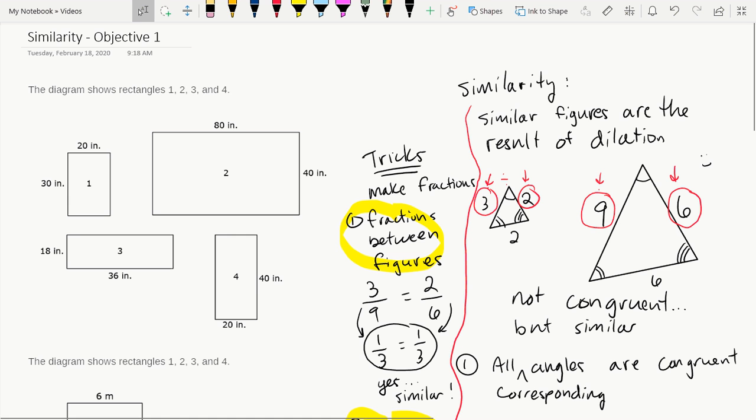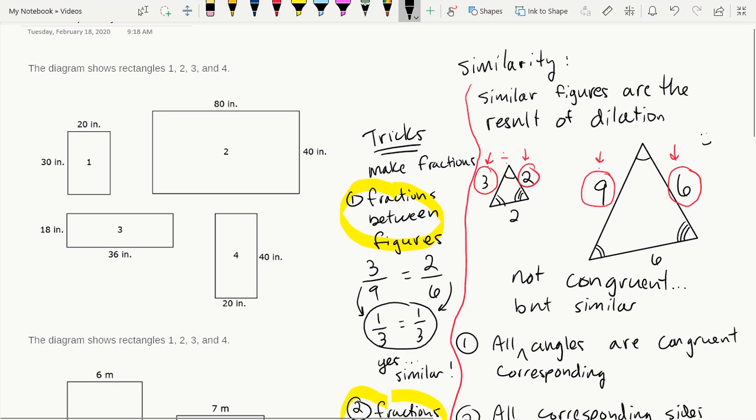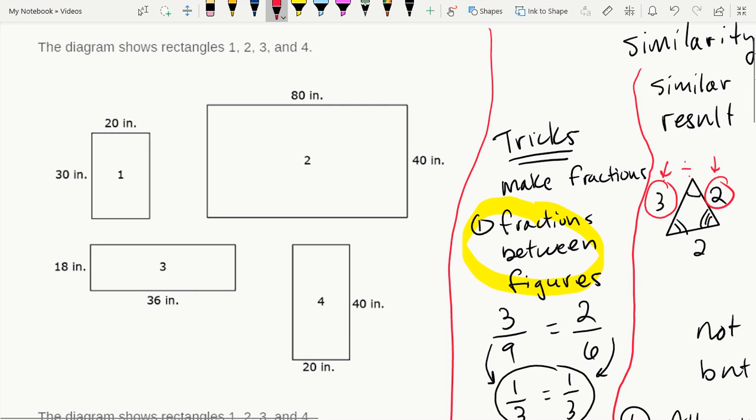Now let's check out some of these examples. This one says that the diagram shows rectangles 1, 2, 3, and 4.